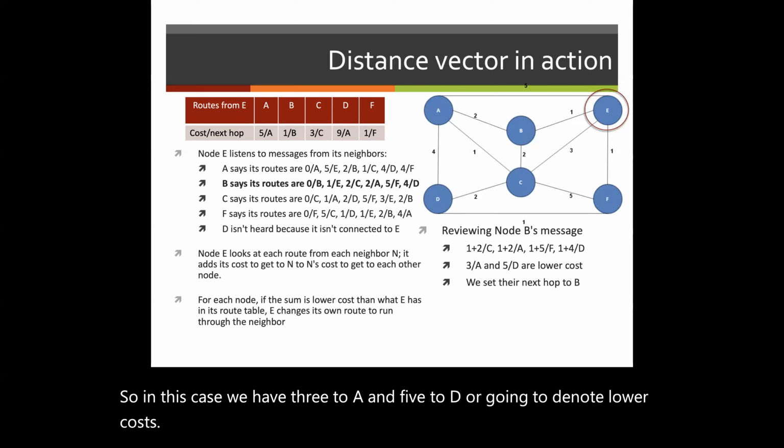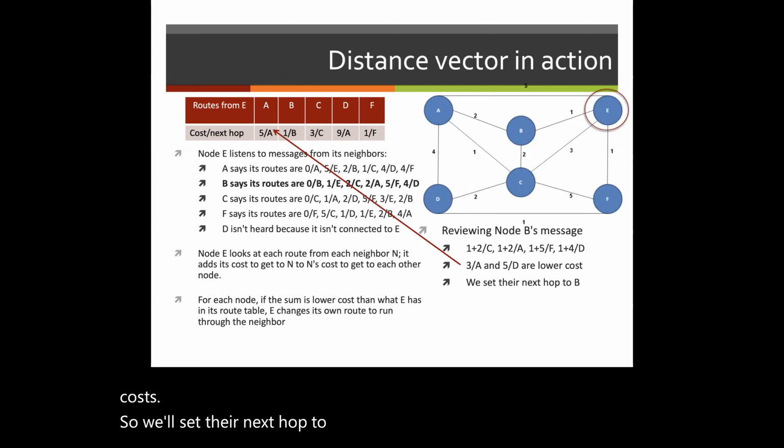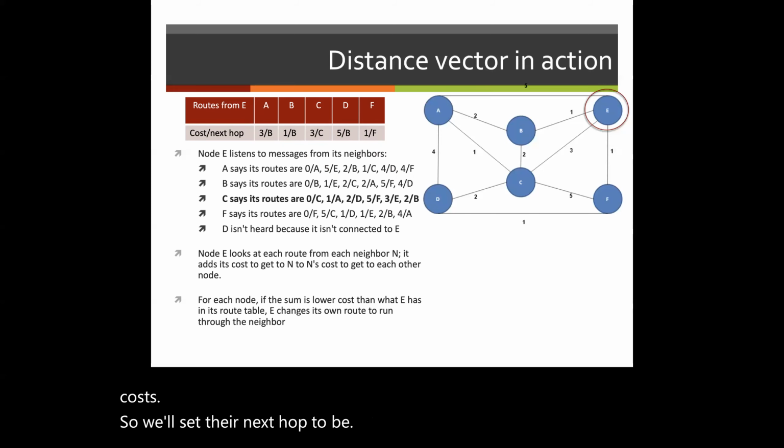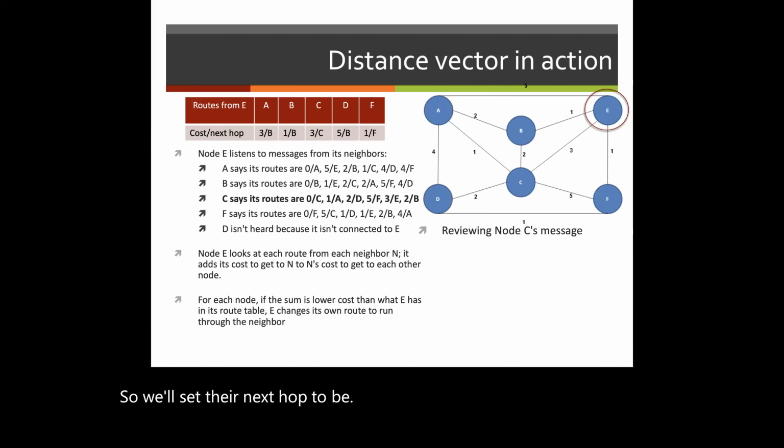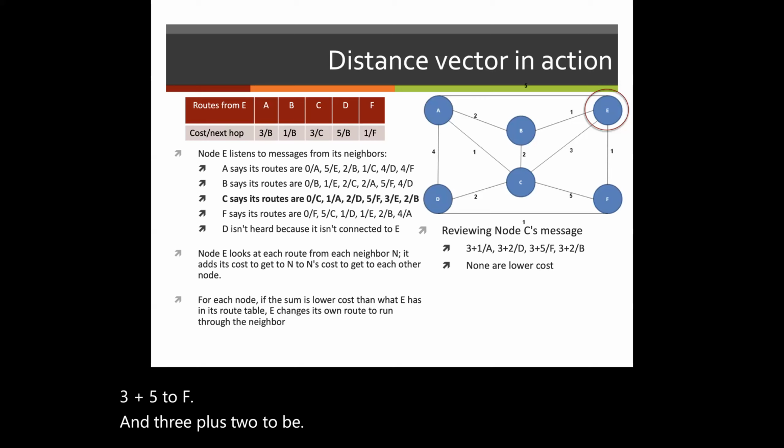So we'll set their next hop to B. So if we review node C's messages, we have 3 plus 1 to A, 3 plus 2 to D, 3 plus 5 to F, and 3 plus 2 to B. So none of these provide for a lower cost.